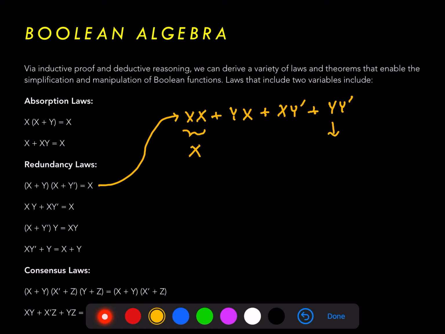We know that y and y naught is simply equal to 0, which gives us x, or, rearranging, xy, or xy naught. Anything ORed with 0 just gives that variable, so we can simplify further as x or xy, or xy naught. And then we can go to the next step with the distributive law and pull out the x in this expression.